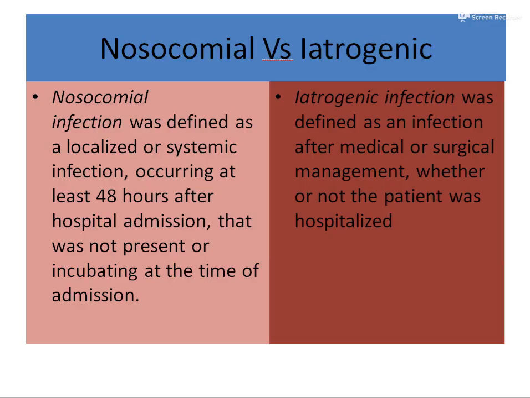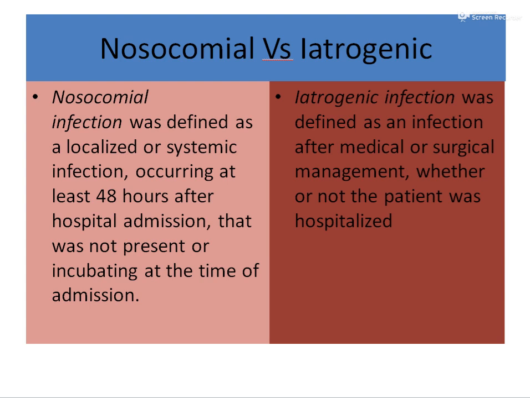Now you might have a confusion: how is a nosocomial infection different from an iatrogenic infection? Normally, a nosocomial infection is defined as a localized or a systemic infection occurring at least 48 hours after the hospital admission. That disease must not be present or incubating at the time of admission.